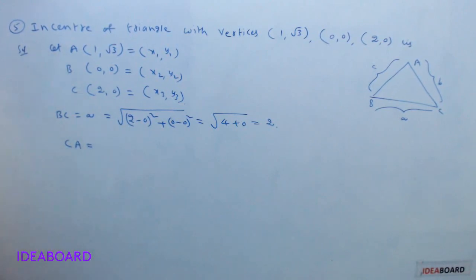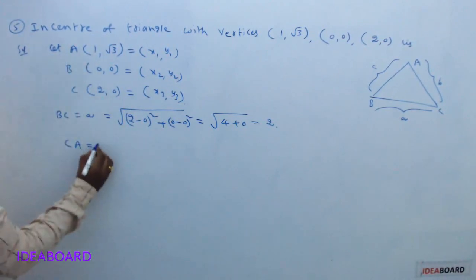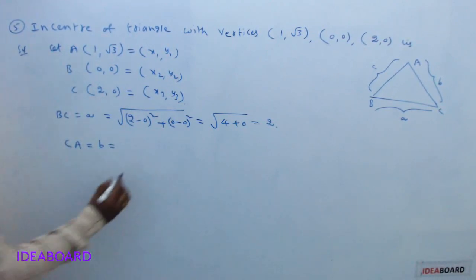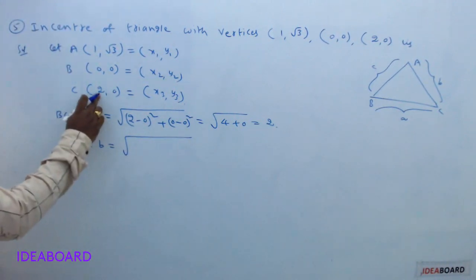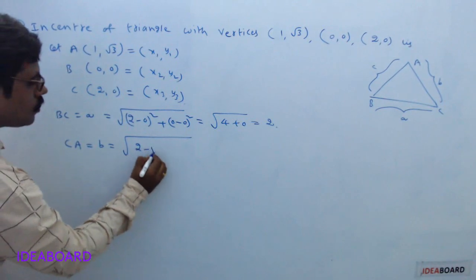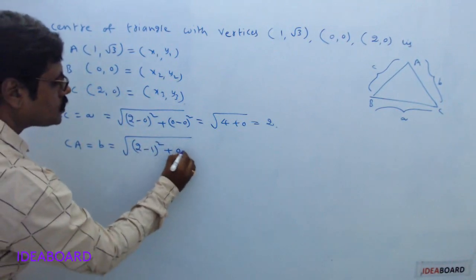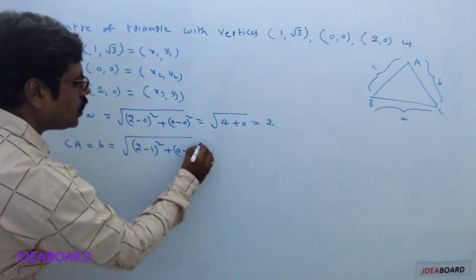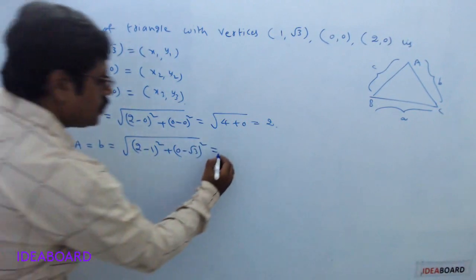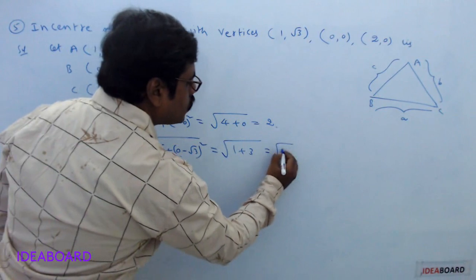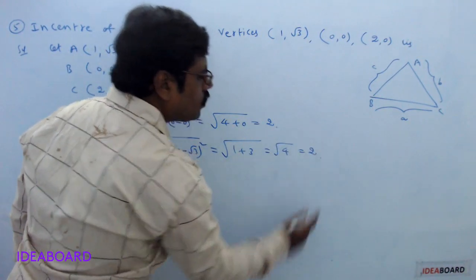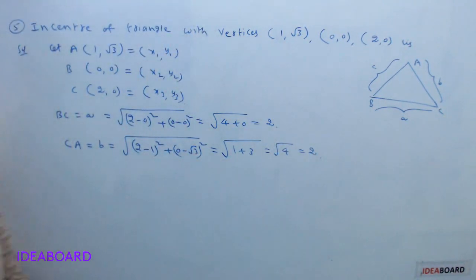Then the distance between the points C and A, taken as b, is square root of (2 minus 1) whole square plus (0 minus root 3) whole square. This is square root of 1 plus 3, root 4, again it will be 2.